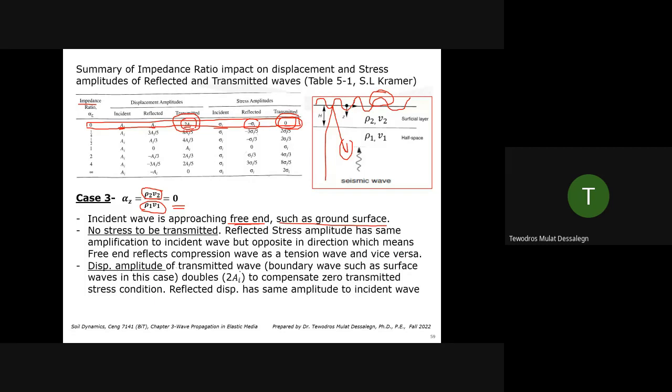Displacement amplitude of the transmitted wave, this guy right here, or boundary wave such as surface wave in this case, doubles to 2AI to compensate for the 0 transmitted stress condition. But the reflected amplitude is the same. So make sure you understand these cases. These have direct application to our geotechnical engineering: wave reflection, refraction, and what happens when it goes there.